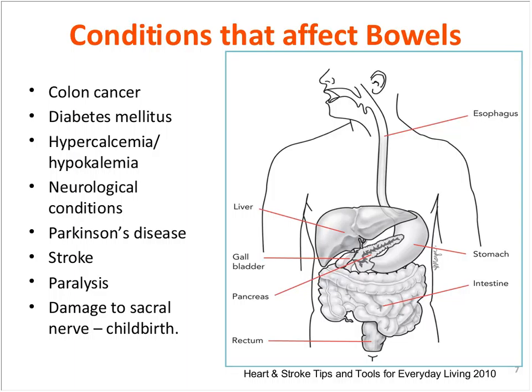So these are all things that can cause constipation. Of course, colon cancer, where there's actual blockage in the colon, basically backs up the stool. And diabetes as well, with the effects on the autonomic nervous system, can decrease the gastrocolic reflex and cause constipation.